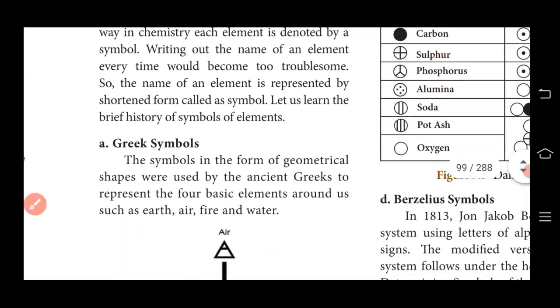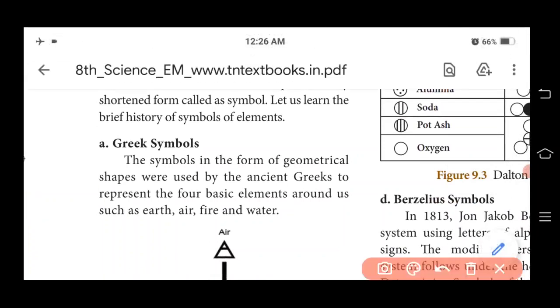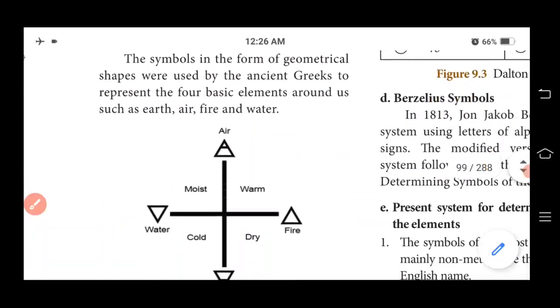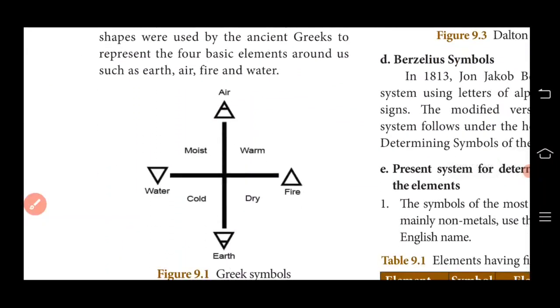And Greek symbols. Greek symbols are in the form of geometrical shapes. The four basic elements around us, such as earth, air, fire and water, are represented by geometrical shapes. Here they are given as examples: air, water, fire and then earth.